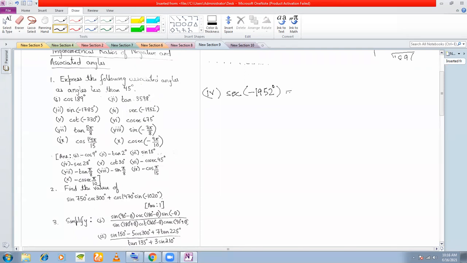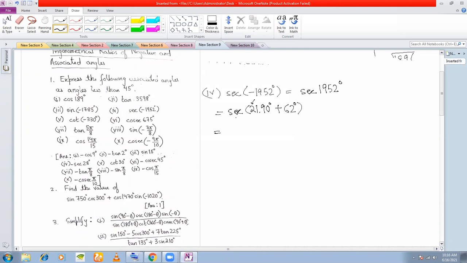Sir, cos and sec, they absorb the negative sign, right? So therefore you get sec 1952 degree. Now you divide this angle by 90. So this you will get 21 into 90 plus 62 degree.